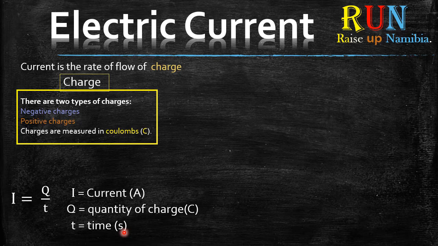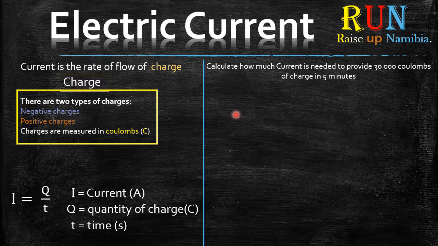Now, let's look at an example question and see if we can get the correct answer. The example question says: calculate how much current is needed to provide 30,000 coulombs of charge in 5 minutes. When you look at a question like this, you want to know what you are asked to calculate.